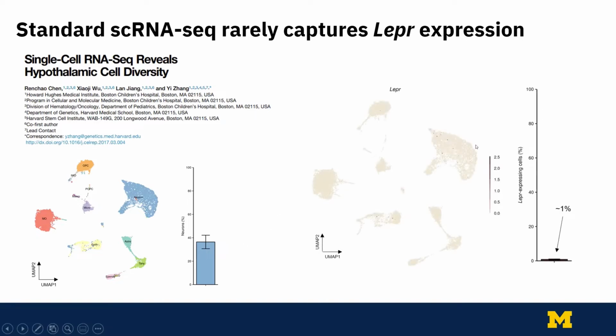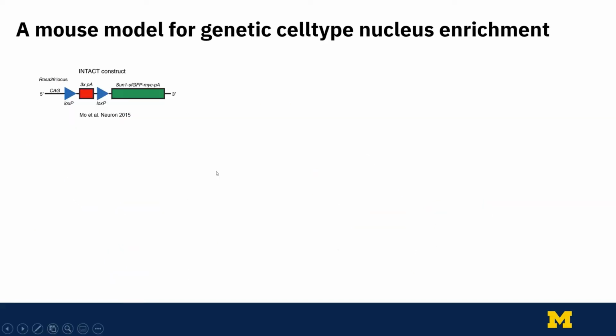But when you look in more detail, there's virtually no leptin receptor detection, because leptin receptor just happens to be more susceptible to dropout using these droplet-based single-cell approaches, so that about 1% of the total cells in this dataset contain the leptin receptor. This is obviously not going to be useful for us to be very confident in identifying cell populations that express the leptin receptor. So to circumvent this, we have been using an enrichment approach.